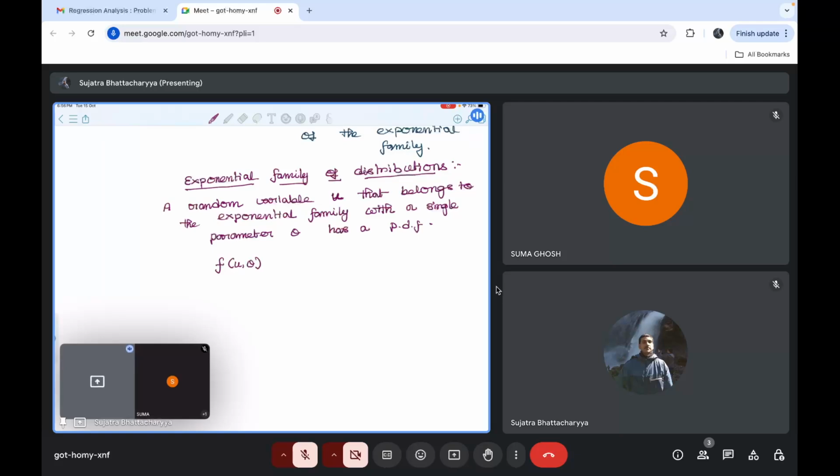U is the random variable, theta is some kind of parameter. It is s of u, some function of u, times t of theta, some function of theta, times exponential of a of u, some function of u, times b of theta, where s of u, t of theta, a of u, and b of theta are known functions of either the random variable or the single parameter of interest theta.